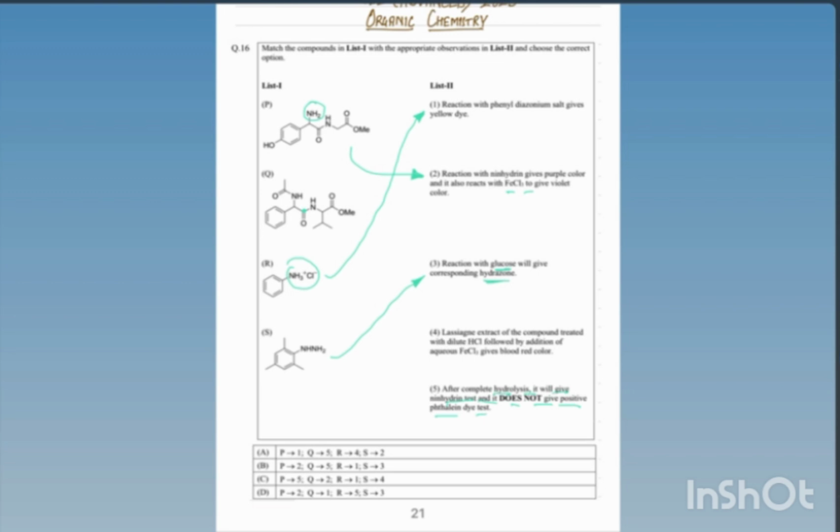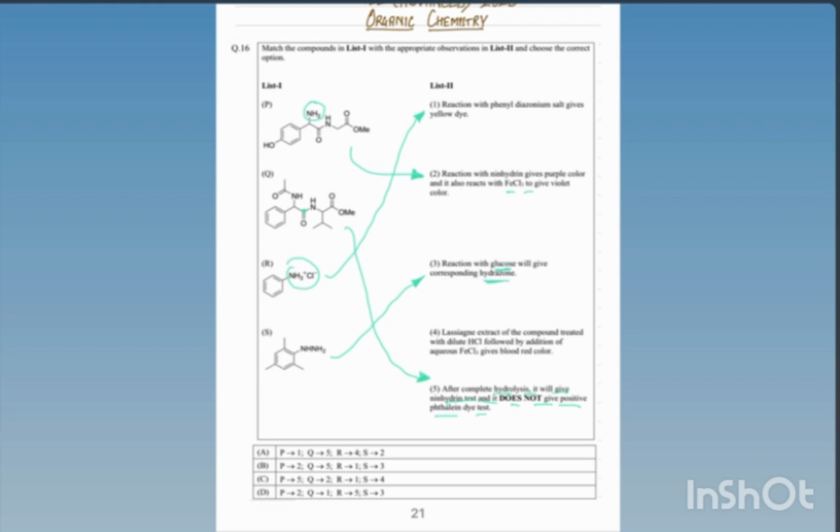So it will give the amine, and the amine will give the ninhydrin test, and it does not give the positive phthalein dye test. For the phthalein dye test, it should have phenol, but it is not giving the phthalein dye test. That's why no phenol is involved here. So the correct option is Q. The fifth statement is matching with Q.